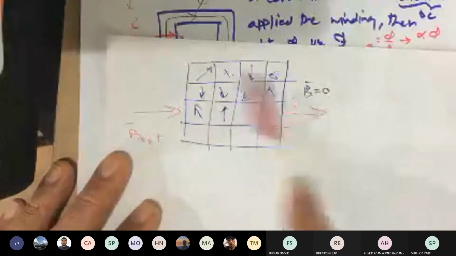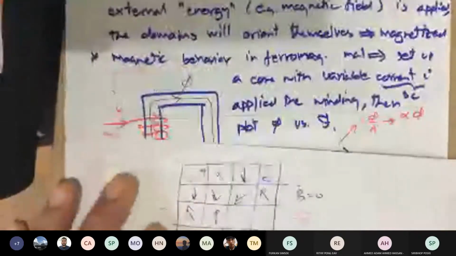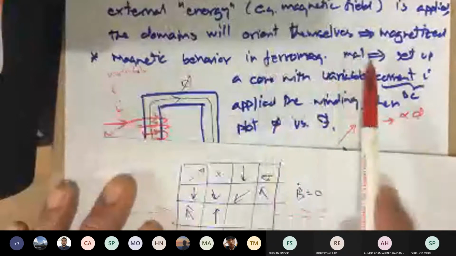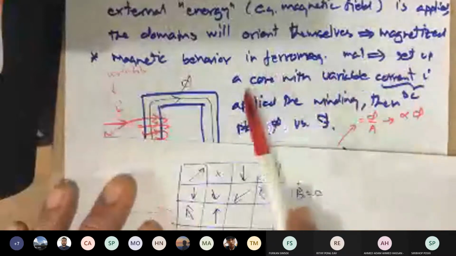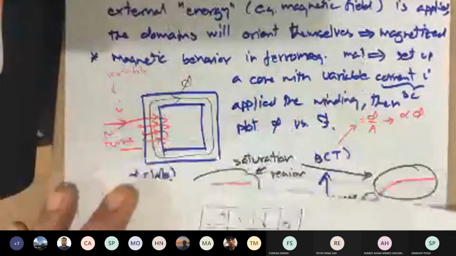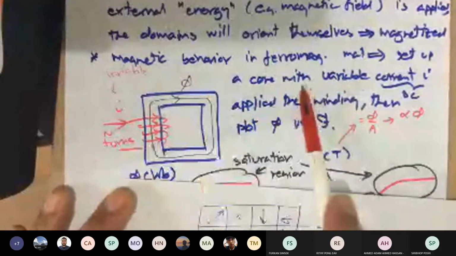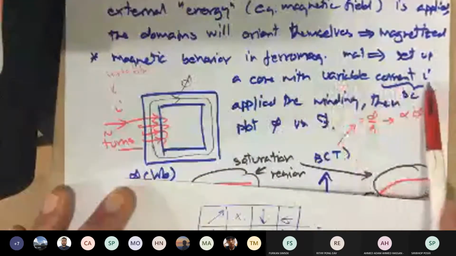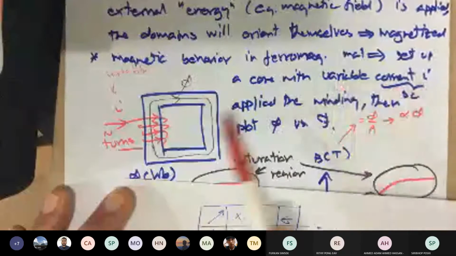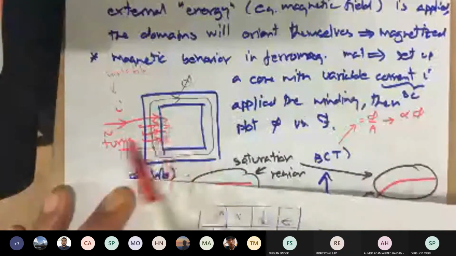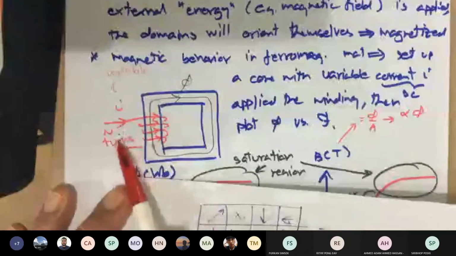How do we know this happens? Because we can observe it. This is the experiment that we did. We observe the magnetic behavior in a ferromagnetic material by setting up a core, the square donut that we discussed earlier, with a variable current, assume it's DC, injected into a coil wrapped around one side of the core, like in this example here.